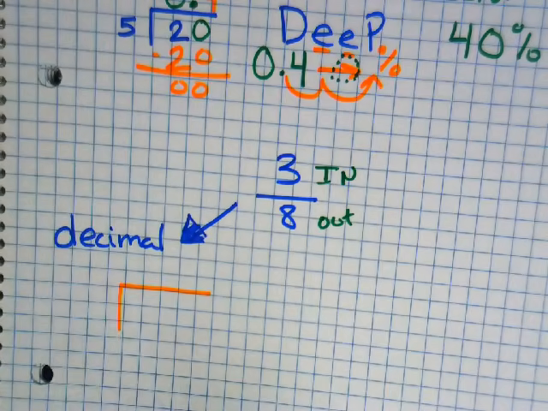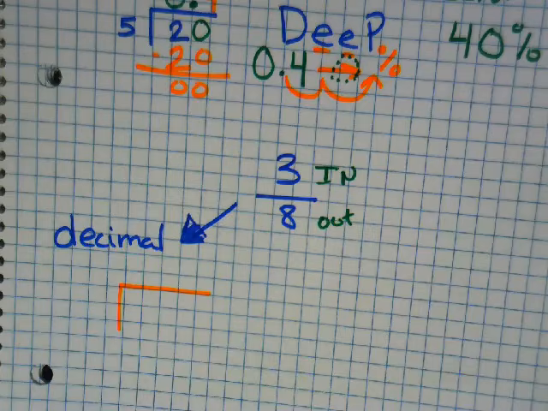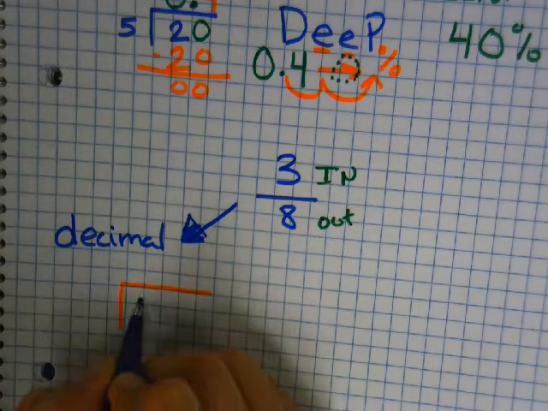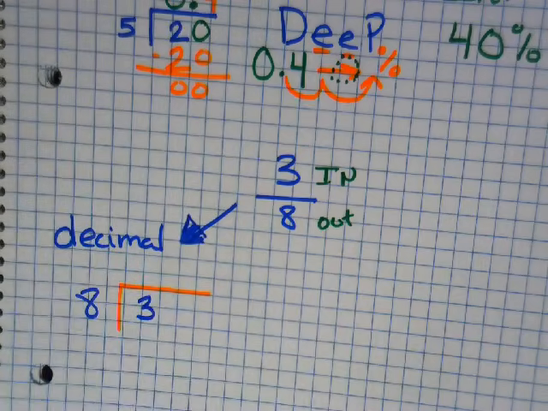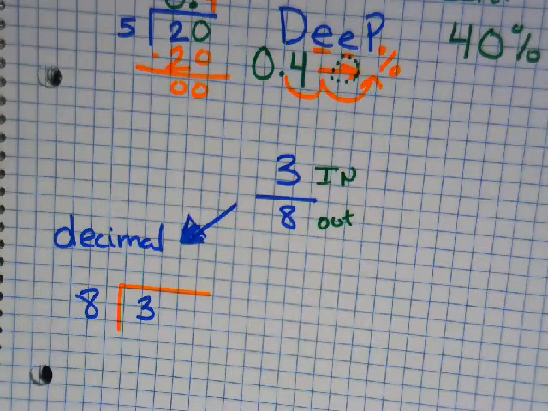What number goes inside our division box? 3. What number goes outside? 8. All right, take a moment to process that. So in and out. How many times does 8 go into 3? 0. So put a 0 and a decimal before I do.